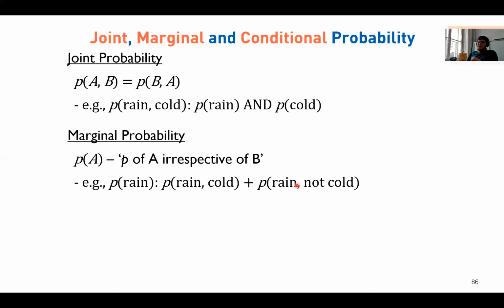But how to decompose? It's actually straightforward. If I'm interested in the probability of rain, then I don't care if it's cold or not cold. So it's basically a summing up of the probability of rain when it's cold and the probability of rain when it's not cold.